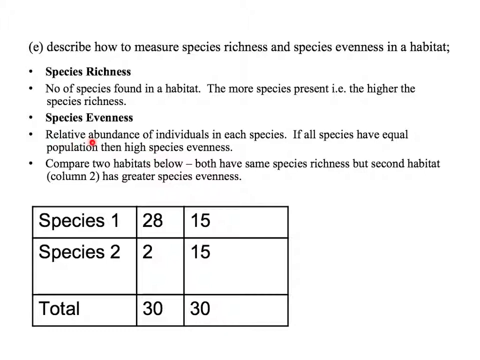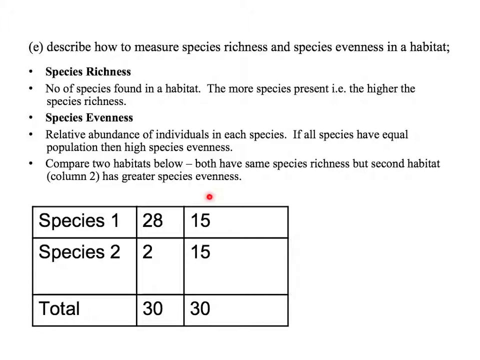So it's the relative abundance, the number of individuals or the populations of each species. To illustrate, if we compare these two situations, we've got 2 ecosystems, or 2 habitats, both of which contain 2 species. So the species richness is the same in both this habitat and that habitat.